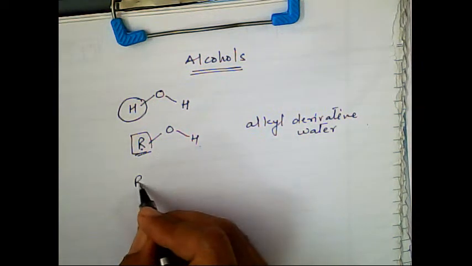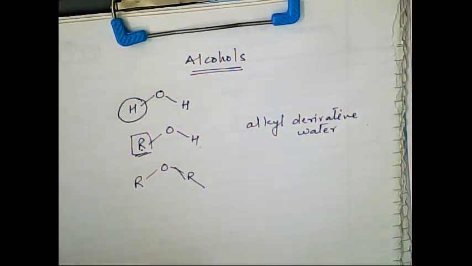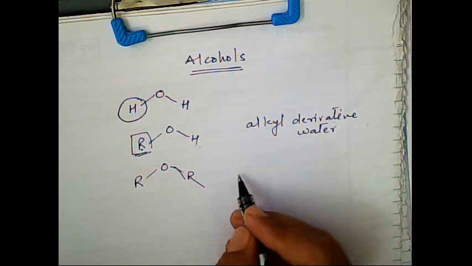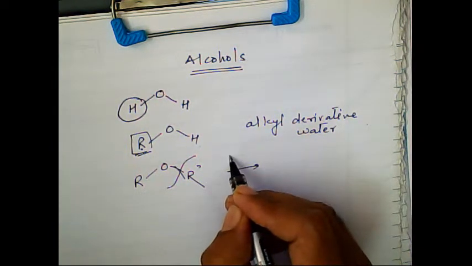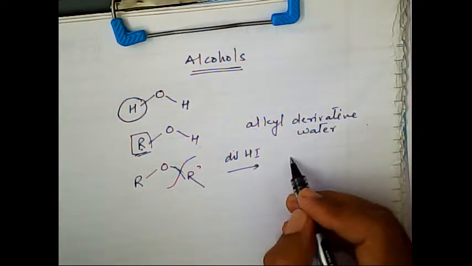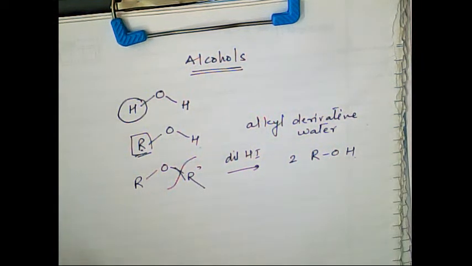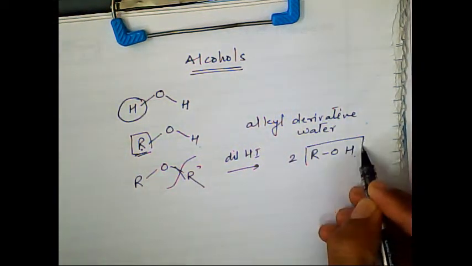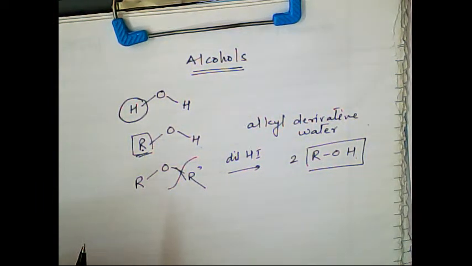You also know the formula of ROR, that is ether. If we hydrolyze it in presence of dilute HI, it will give two molecules of ROH. So can we say that alcohols are the hydrolyzed product of ether?